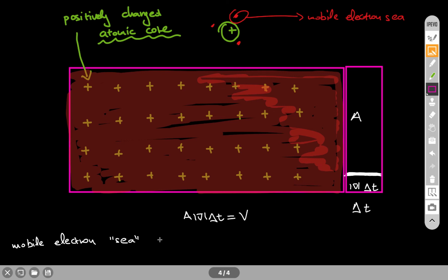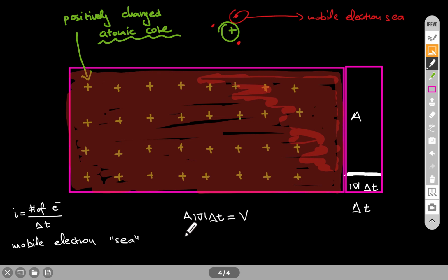Now, the electron current is defined as the number of electrons that go by in time delta t. What this product here will give me is the volume.